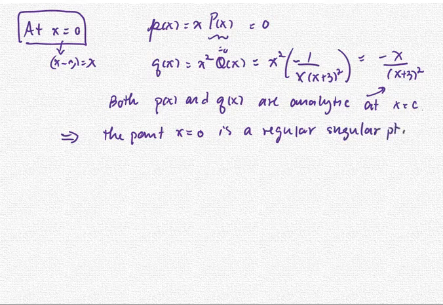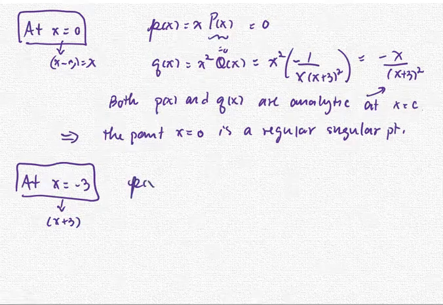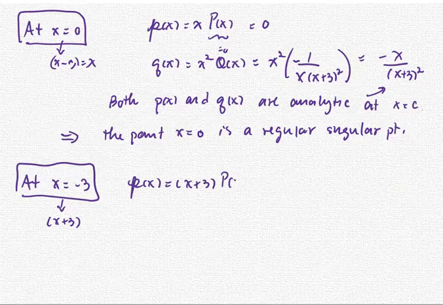Okay, one point done, and another point, x equals negative 3. For x equals negative 3, the factor we're going to use would be x plus 3. So the lowercase p(x) forms the same way, but it's good because the capital P is 0, so we still get the lowercase p(x) as 0. And the q(x) is x plus 3 to the second power times Q(x).